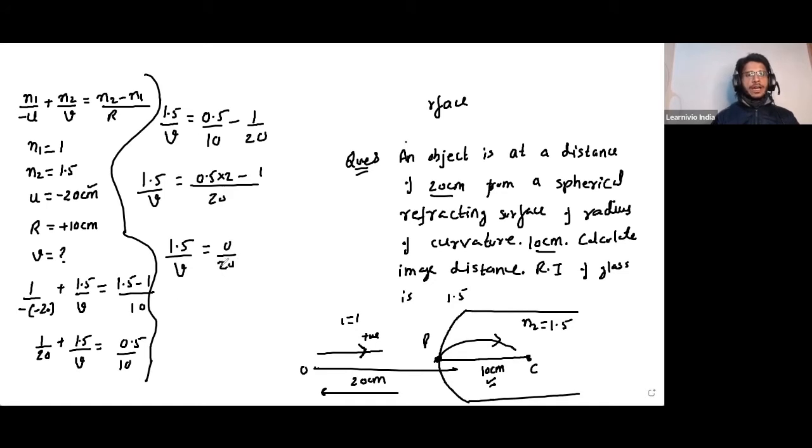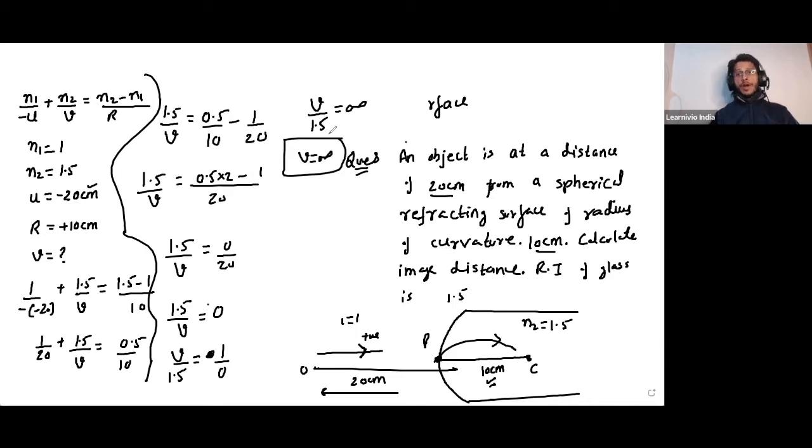So 1.5 by v is equal to 0. If I take the reciprocal on both sides, v by 1.5 is 1 by 0, which means v comes out to be infinite, so your final image will be at infinity.